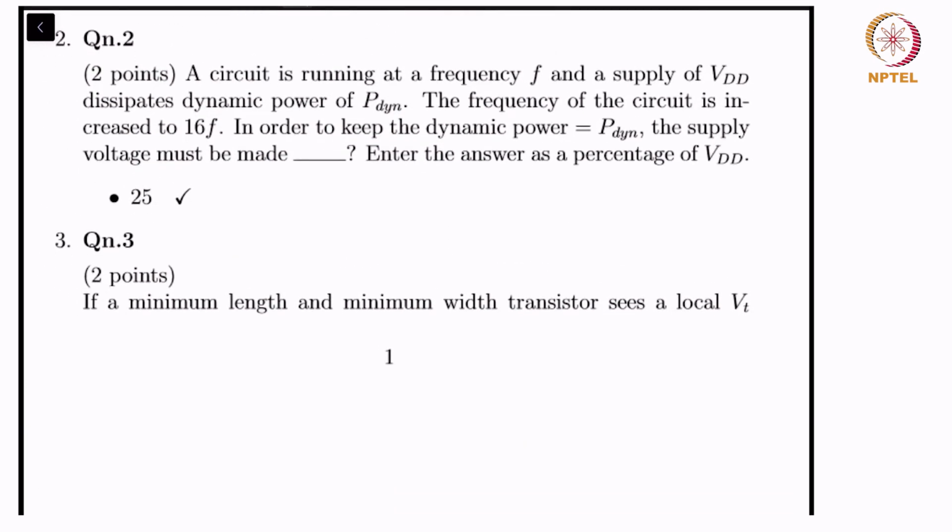Question number 2. A circuit is running at a frequency F with supply voltage VDD. The frequency is increased to 16F, right? So P dyn is equal to C VDD square F. Now the new power is equal to C times VDD1 square times 16F.